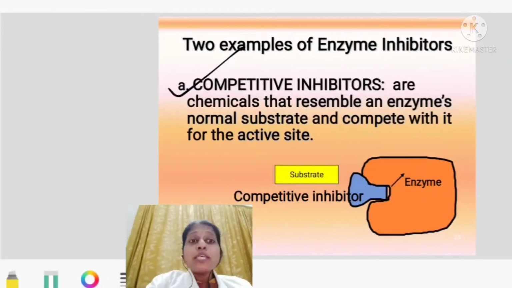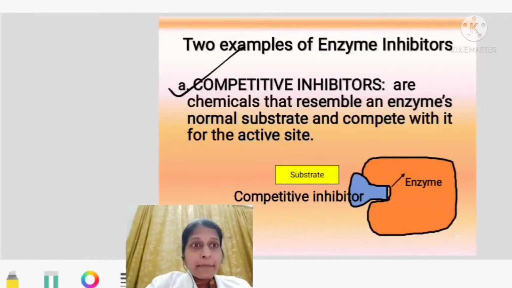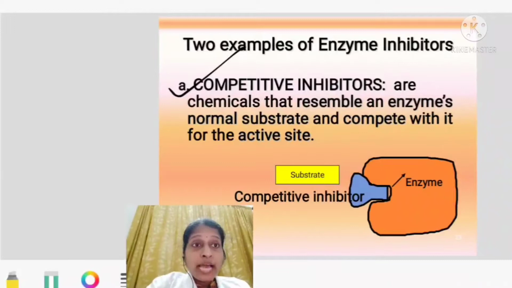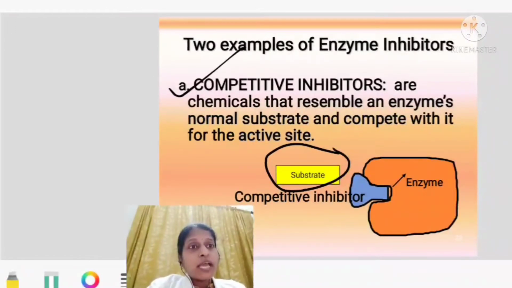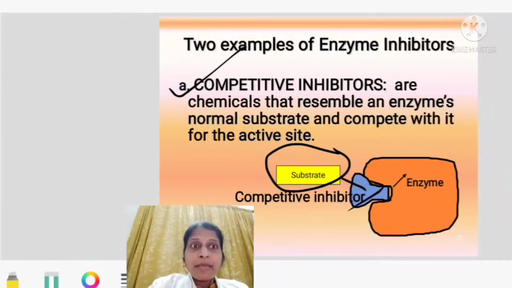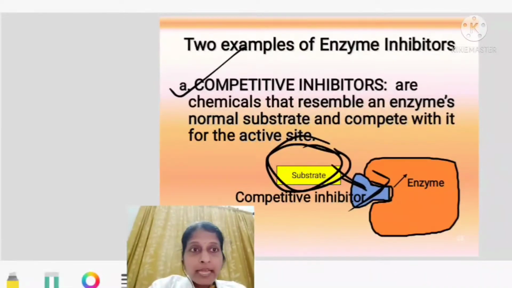Okay. So what is the meaning of competitive inhibitors? These are chemicals which resemble somewhat the substrate. The substrate goes and binds with the active site of the enzyme. Imagine there is one substrate which wants to go and bind with the enzyme at the active site.